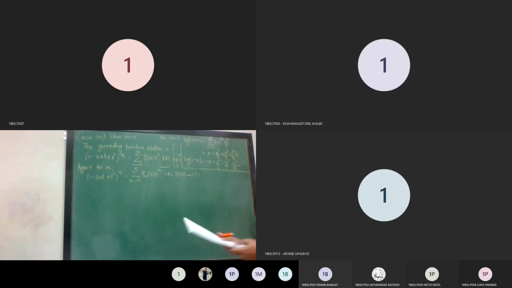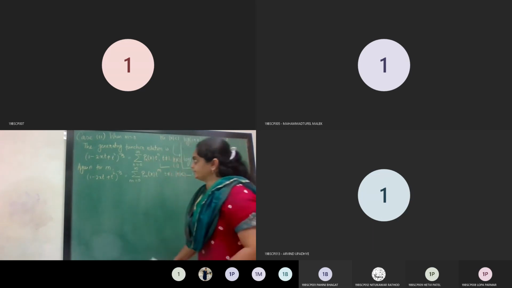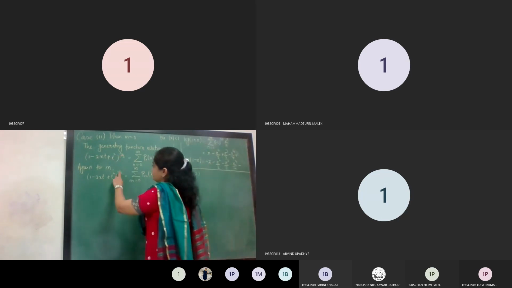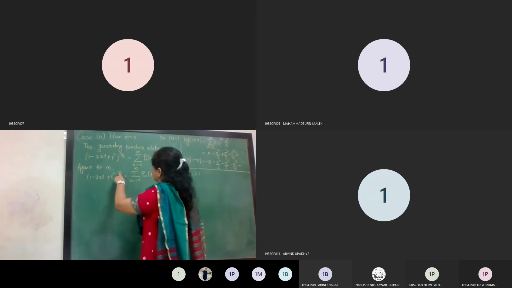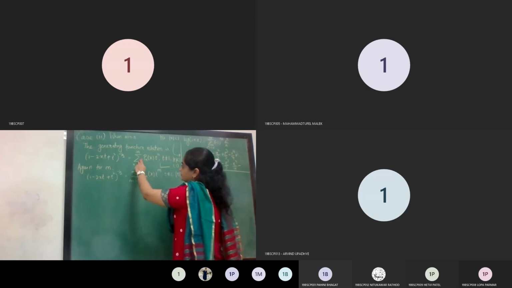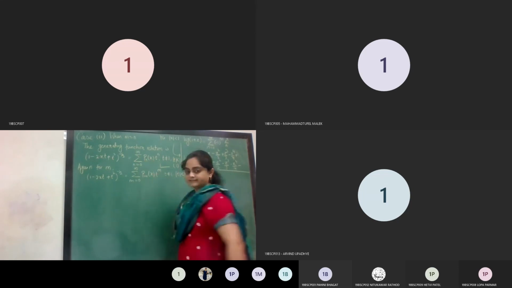So what we'll do now? We will multiply these two equations. So the left hand side will be minus 1 by 2 minus 1 by 2, so it will be square and now the power will be minus 1. In this case we will have two infinite series Pn(x) t raised to n and Pm(x) t raised to m. Okay.